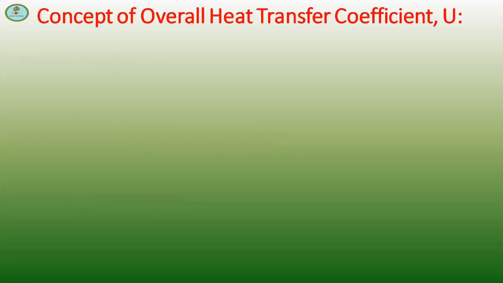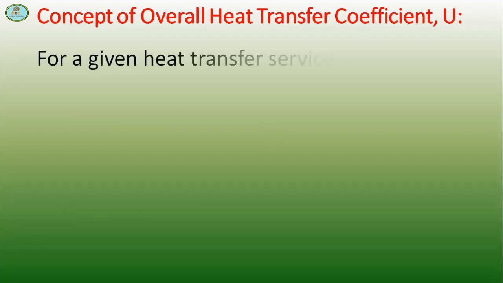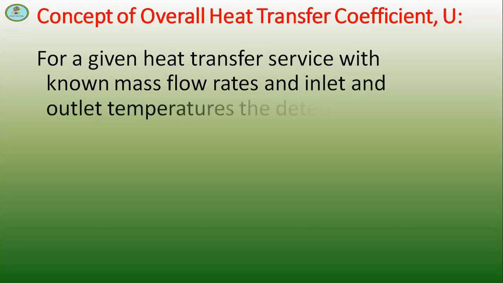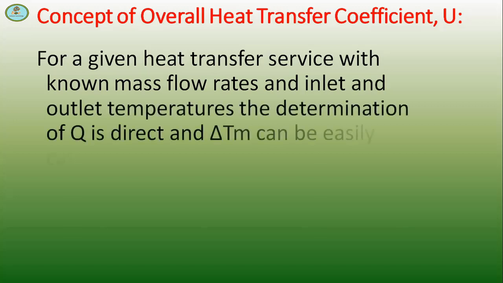Concept of overall heat transfer coefficient. For a given heat transfer service with known mass flow rates and inlet and outlet temperatures, the determination of Q is direct and delta Tm can be easily calculated.